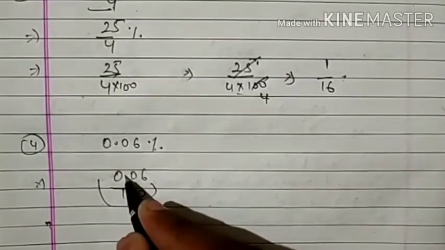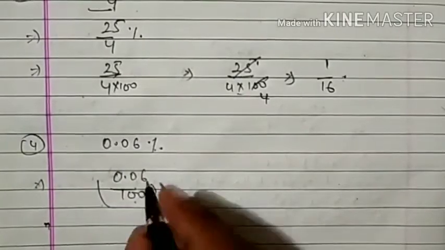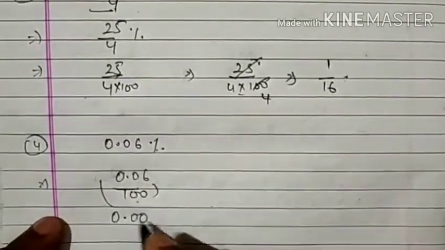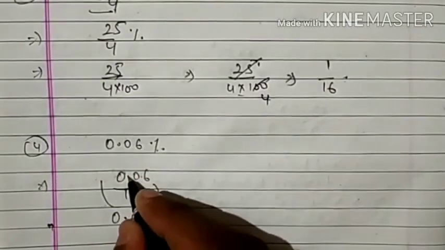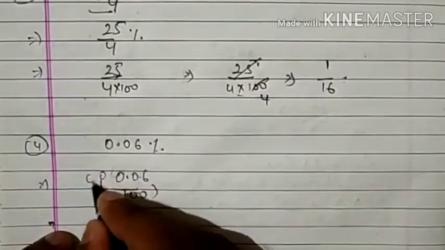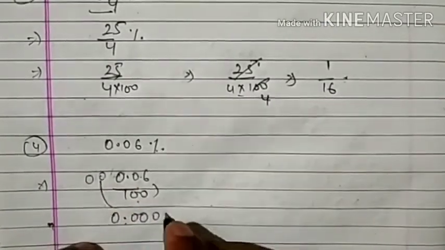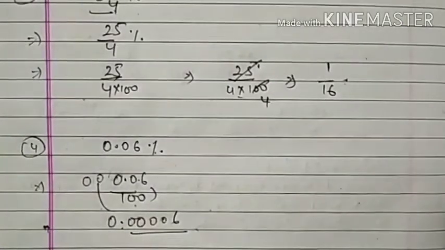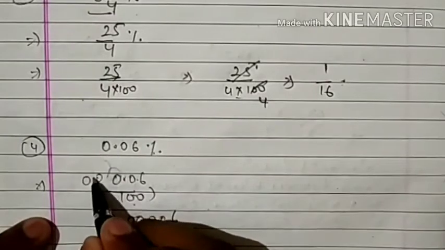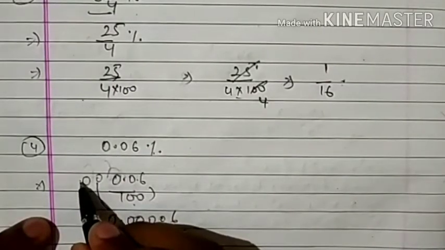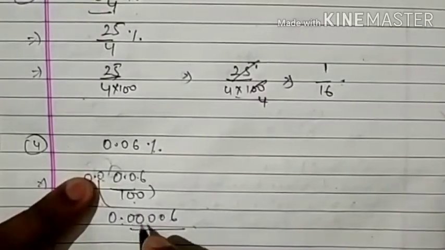So here we have to divide by 100, ones, tens and hundreds.